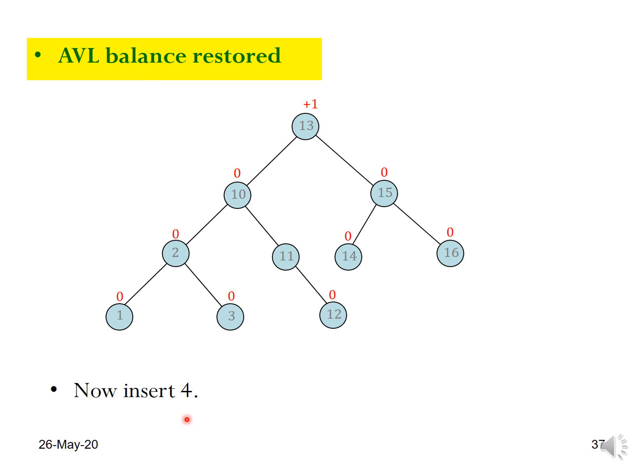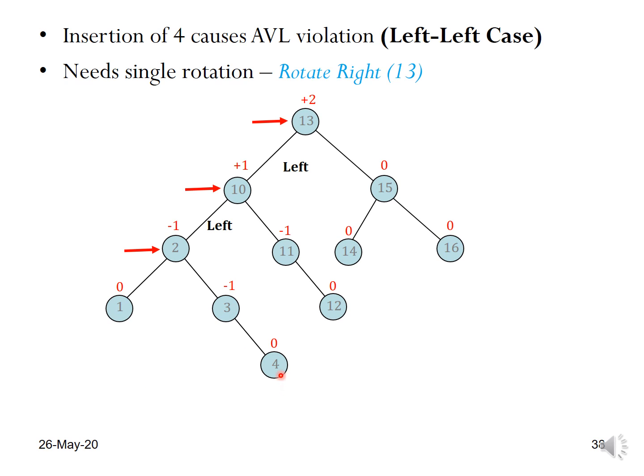Now we will insert 4. Because 4 is greater than this 3, it will come here. As soon as it comes here, we will calculate the balance factor of all the nodes. Now we can see the balance factor of this particular 13 is plus 2, so it is imbalanced. Now we'll see which type of case this is.